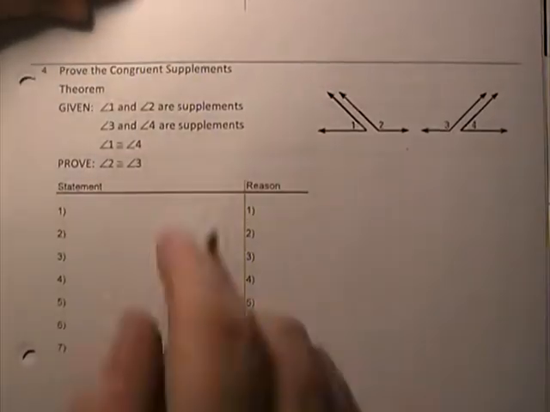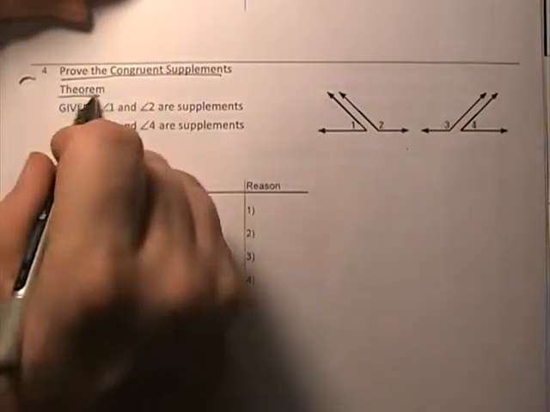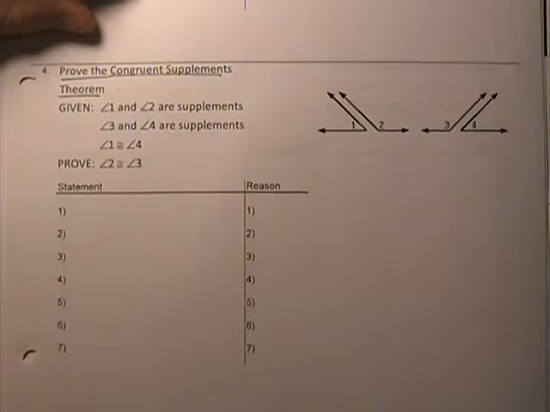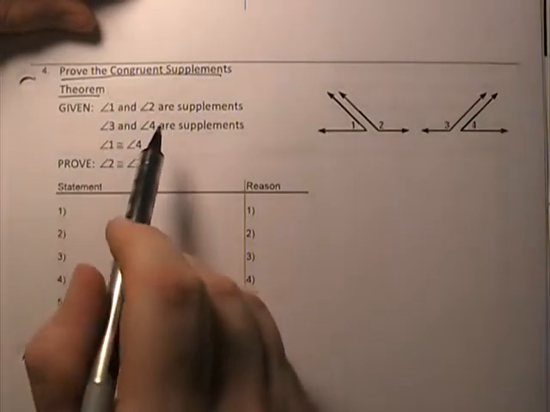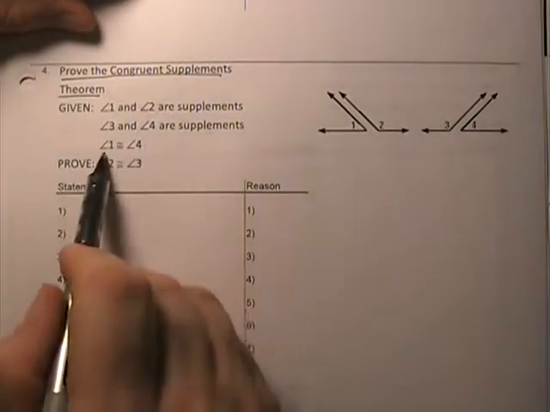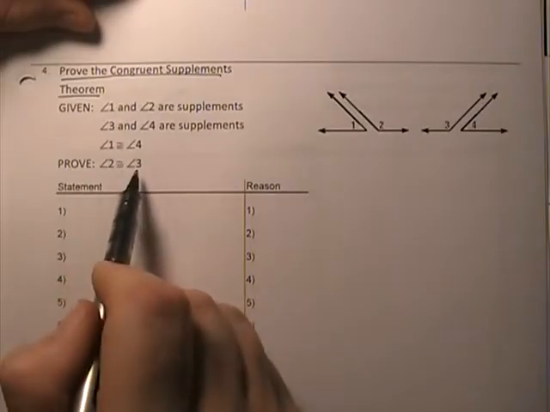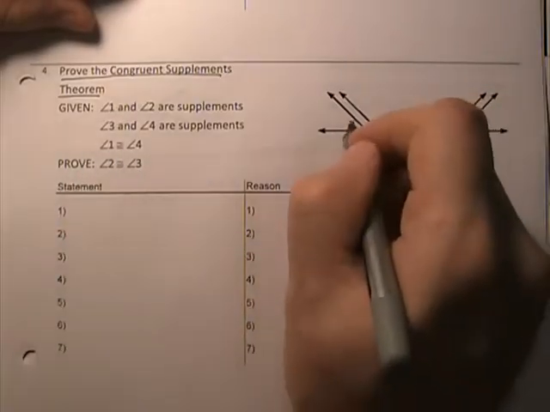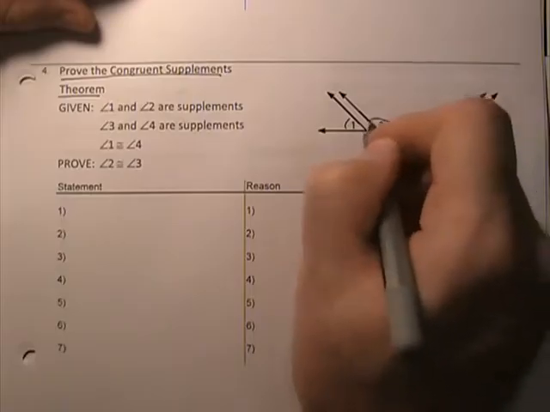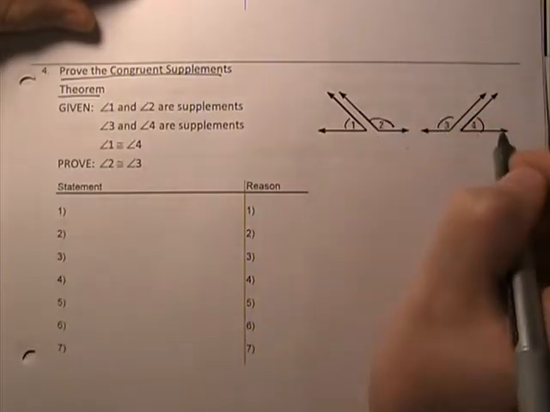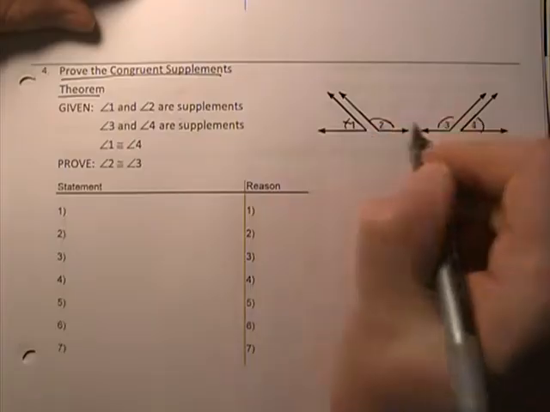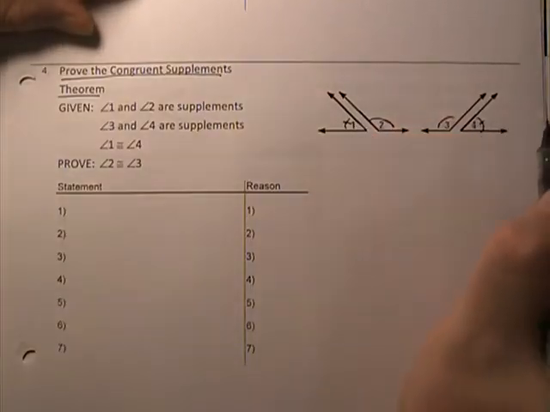Prove the congruent supplements theorem. Okay, so that theorem just says that if two angles are supplements with the same angle or congruent angles, then they're also congruent. So they show us that 1 and 2 are supplements, or they add up to 180. 3 and 4 are supplements, they add up to 180, and 1 and 4 are congruent.